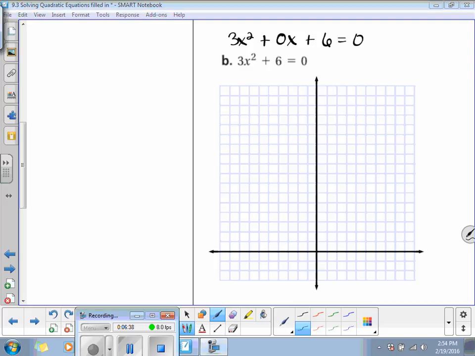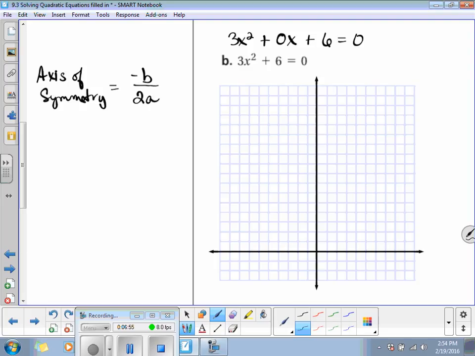So the first step is to find the axis of symmetry. We're going to use our formula, -b over 2a, right? Well, our b is 0, and our a is 3.